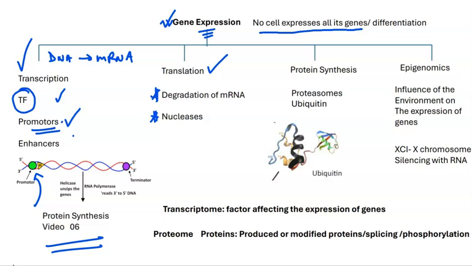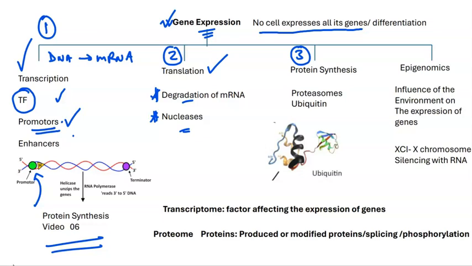So what we've got so far is, number 1, turning the gene on and off. Number 2 is turning on and off, if you like, the messenger RNA by breaking it down using nucleases.